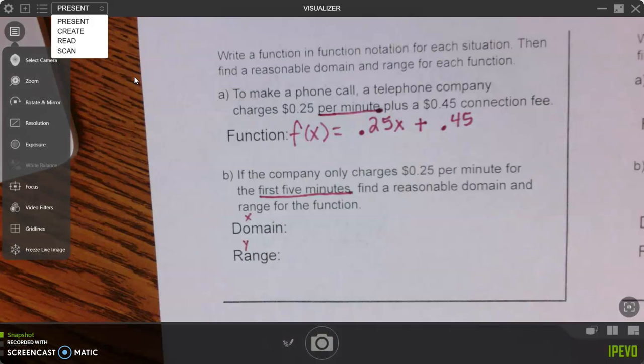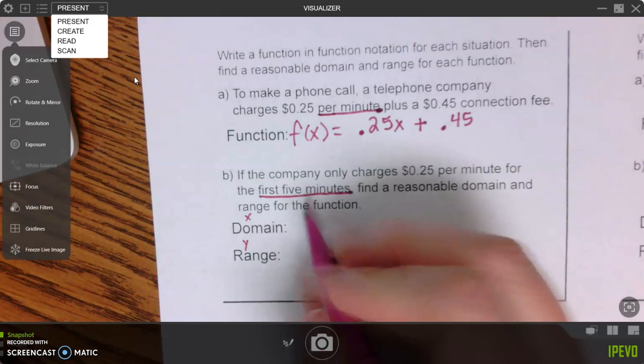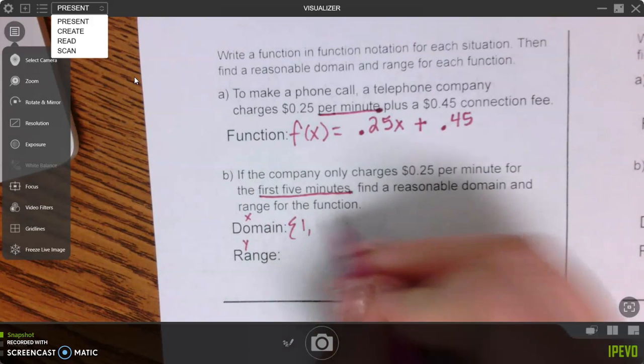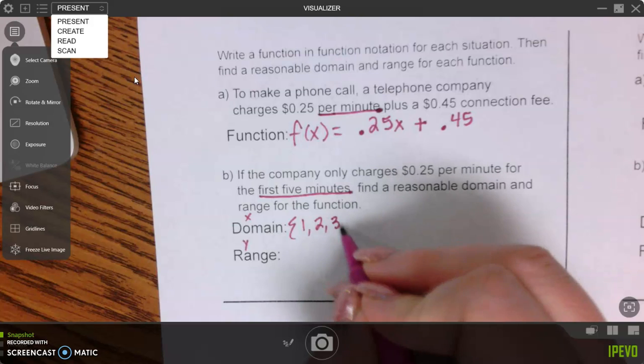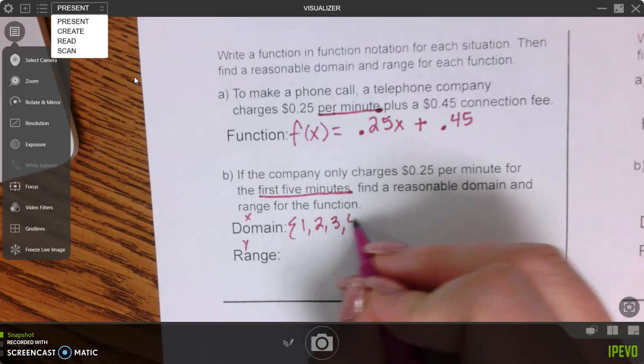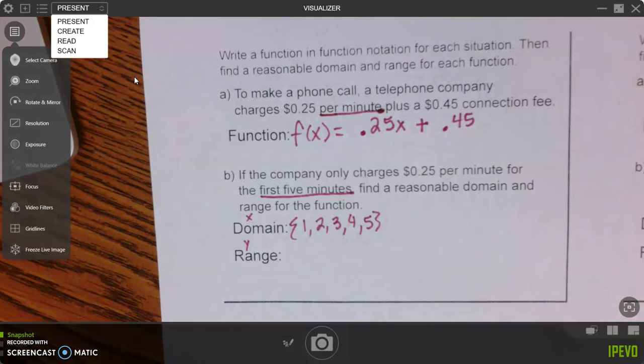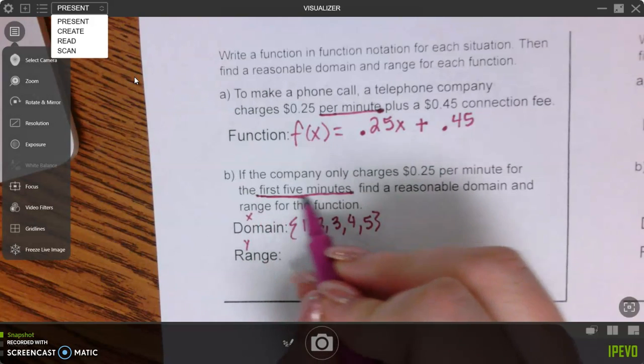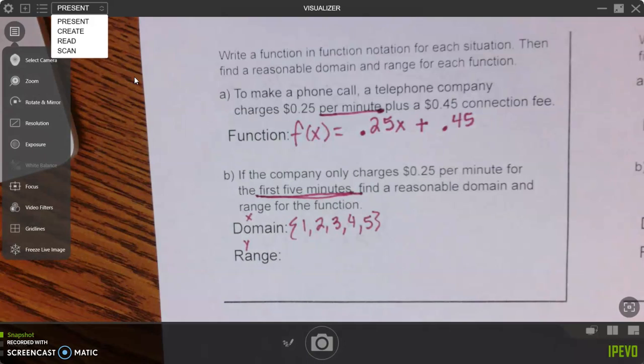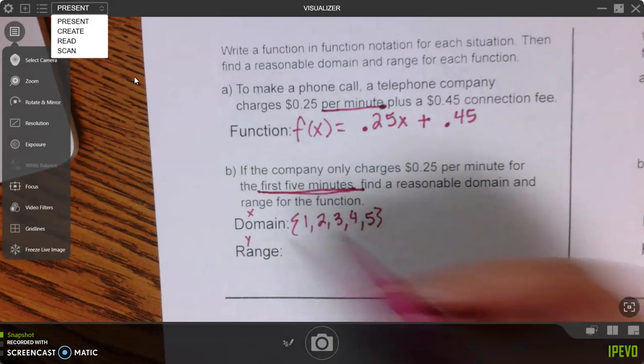Your Y values are your range values. So for this situation, the first 5 minutes, the domain can be 1 minute, 2 minutes, 3 minutes, 4 minutes, or 5 minutes. You can't go beyond that because this only says the first 5 minutes. Okay, so once you find your domain, you can then find your range.